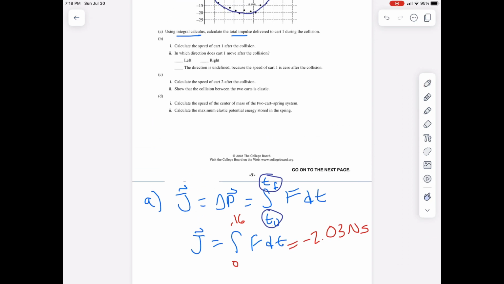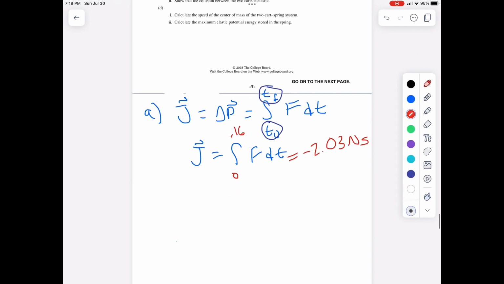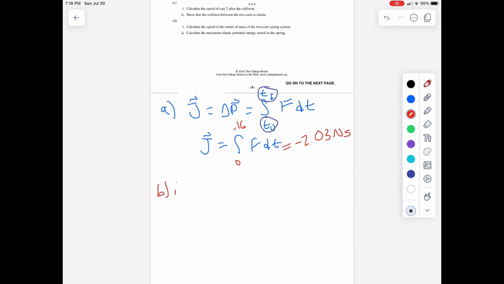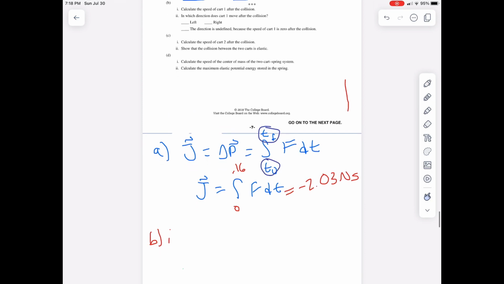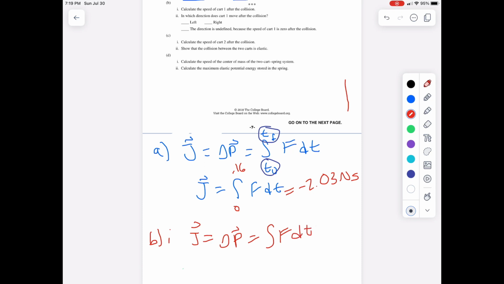For part B, it says calculate the speed of Cart 1 after the collision. So for the first part of part B, we want to calculate the speed of the cart after the collision. Like I said above, I know that impulse is equal to my change in momentum, which is equal to the integral of force across time.